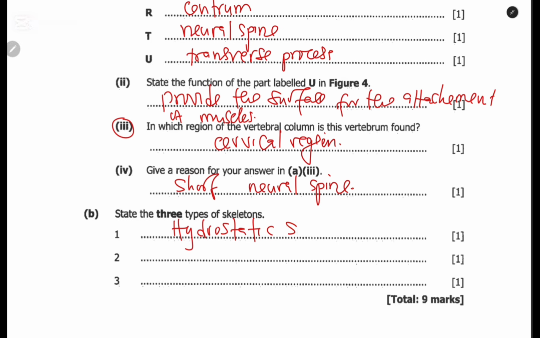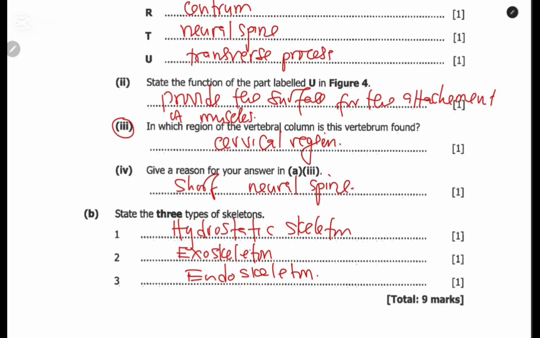So hydrostatic skeleton. Then we have exoskeleton. One of the questions that we expect on essay questions is to describe the type of skeleton. So exoskeleton and also endoskeleton, of course with the examples. So these are the skeletons that we have.